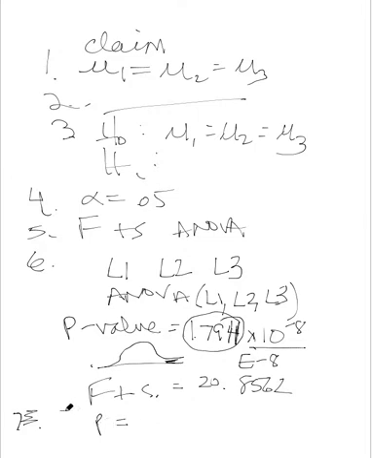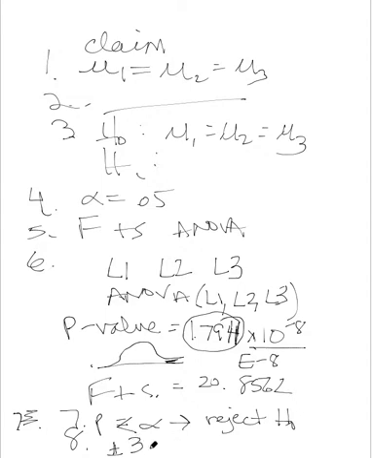So step 7, I have that my p-value is very small. My p is less than alpha, so I reject the null. I reject the null. My claim has equality, so that is wording for number 3.